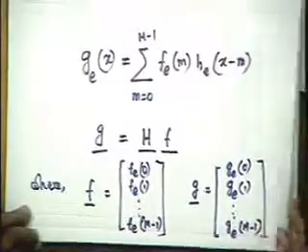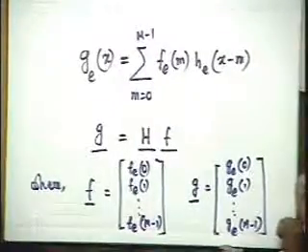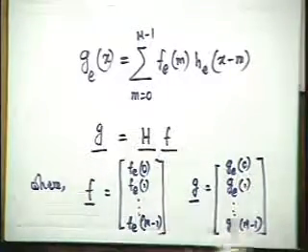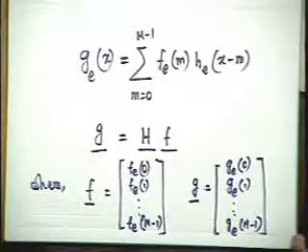Now we can write, since F and G both are of dimension capital M by 1, they are vectors. What is going to be the dimension of capital H? H has to be an M by M matrix.